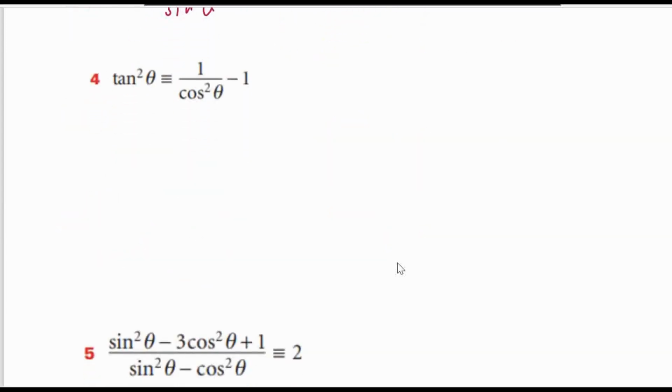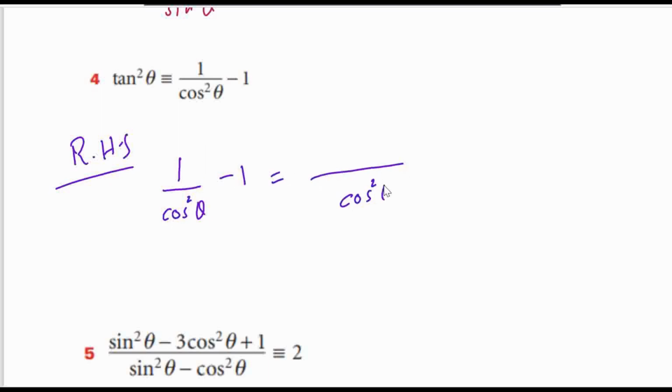Let's move to the next one again. Now here we can take the left hand side or we can take the right hand side. Here we will take the right hand side. So the right hand side is 1 by cos square theta minus 1. If we take the LCM, this will become cos square theta 1 minus cos square theta, and we know that this will be equals to what?